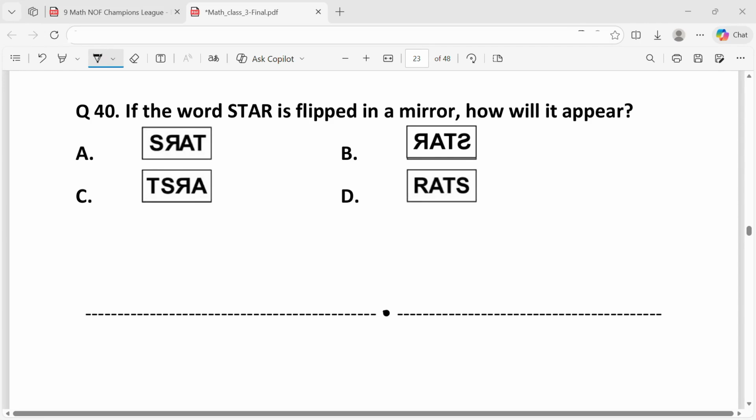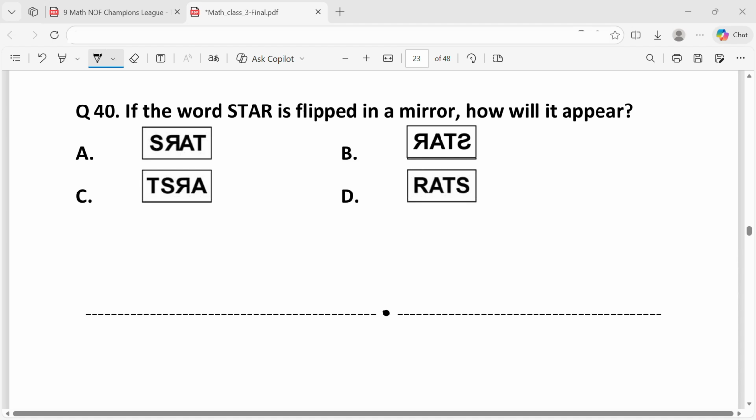Question 40. If the word STAR is flipped in a mirror, how will it appear? When the word STAR is flipped in a mirror, the image undergoes lateral inversion, meaning the left side of each letter in the original word appears on the right side of the mirror image and vice versa. Order of the letters is also reversed.